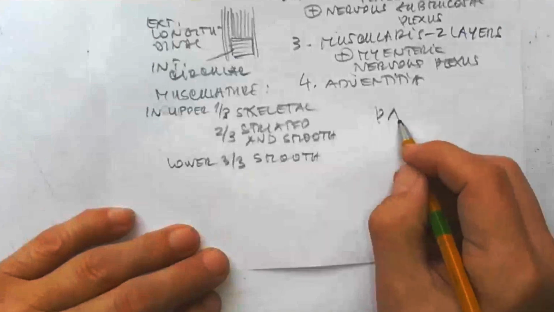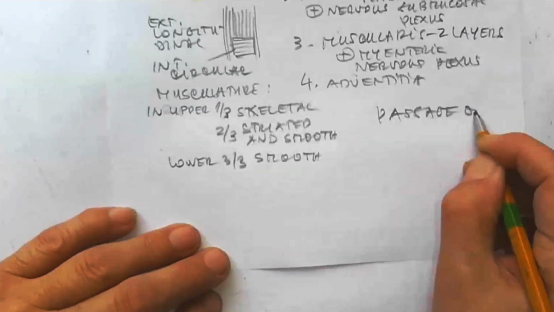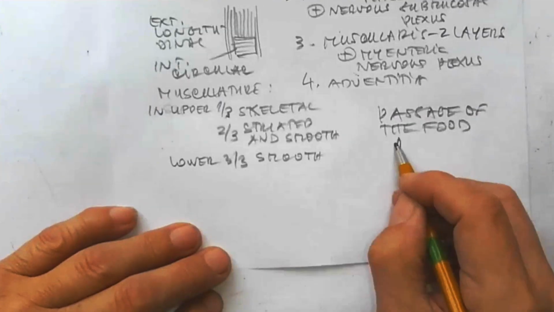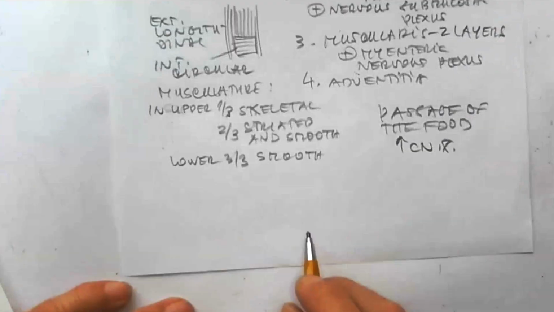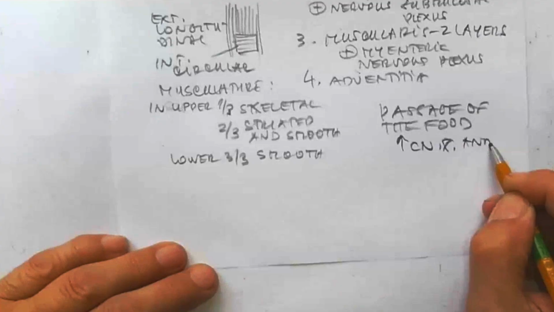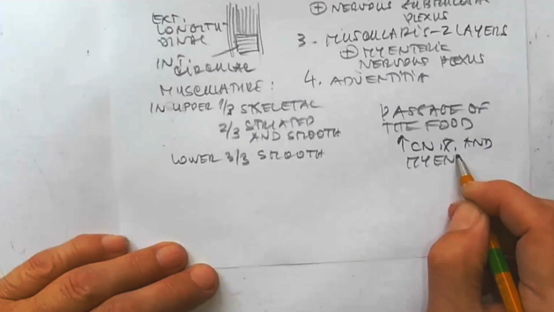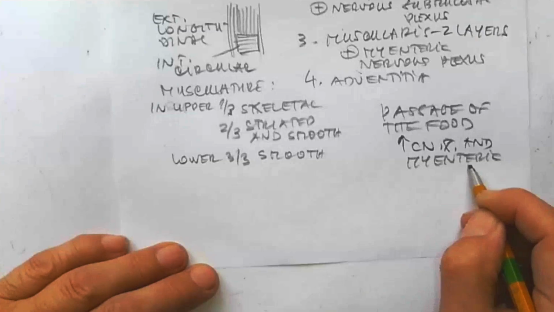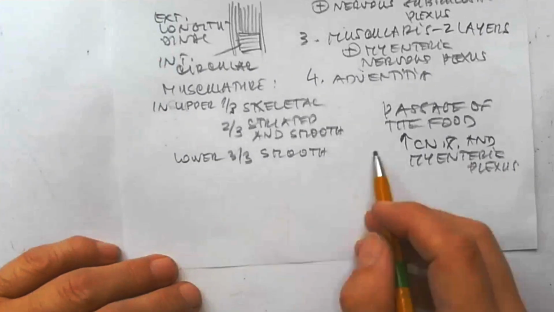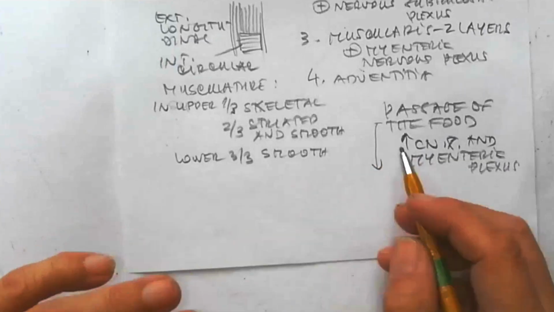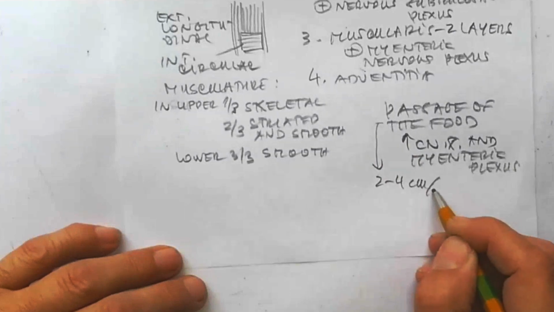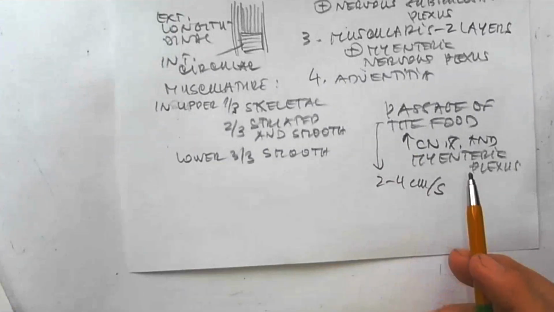The passage of the food is under control by cranial nerve number 10, mainly vagus, including the myenteric plexus. The passage is relatively quick, approximately 2 to 4 centimeters per second.